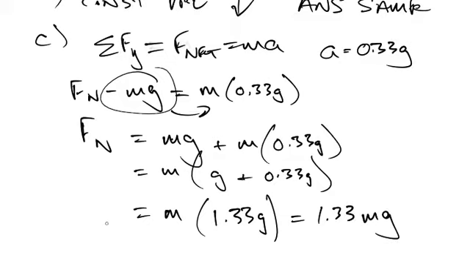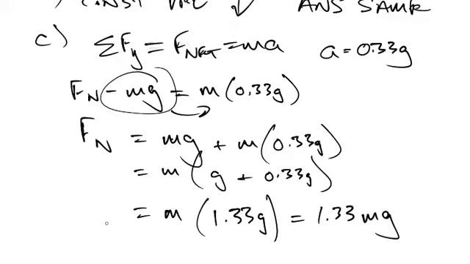So in fact, if the elevator is moving upwards with an acceleration of 0.33 g, this person is going to end up feeling 33% heavier.